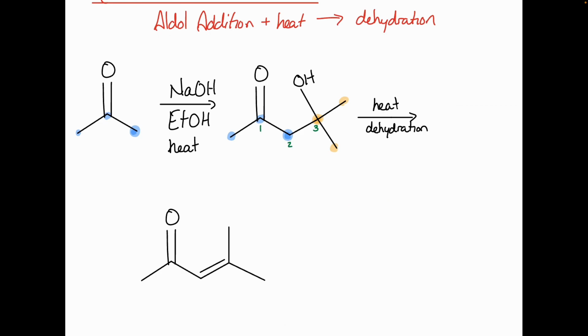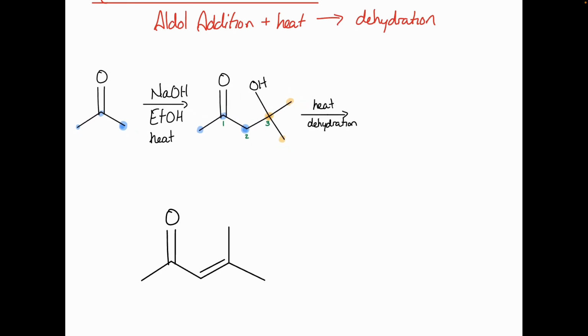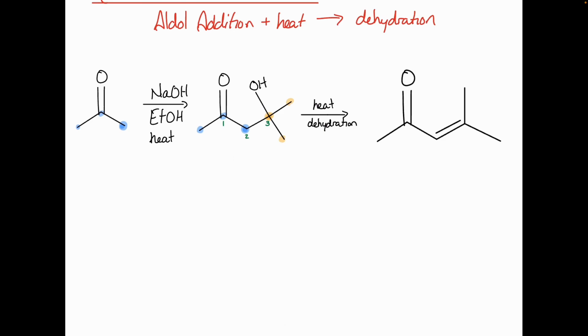These are our alpha beta unsaturated aldehydes and ketones, right? Our enones. So for our condensation, we first do the addition, and then at the end here we get that alpha beta unsaturated, in this case ketone, what we called enones as their slang term.